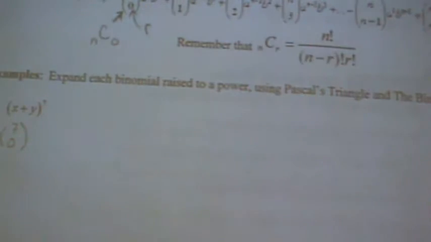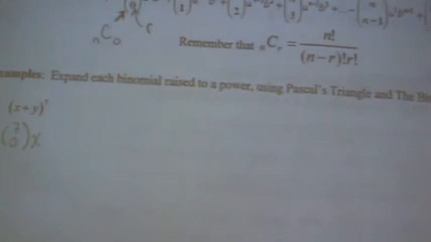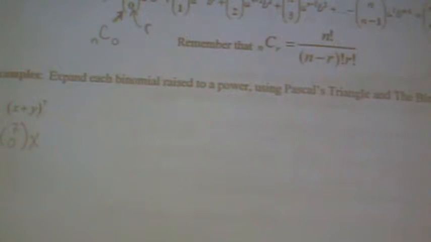If we're looking at our overall equation up top, we have n over 0 in our parentheses. For our first coefficient, we're raising this to the 7th power, so we're going to have 7 over 0 in the parentheses. That's multiplied by our first term, which is an x, taken to the 7th power.